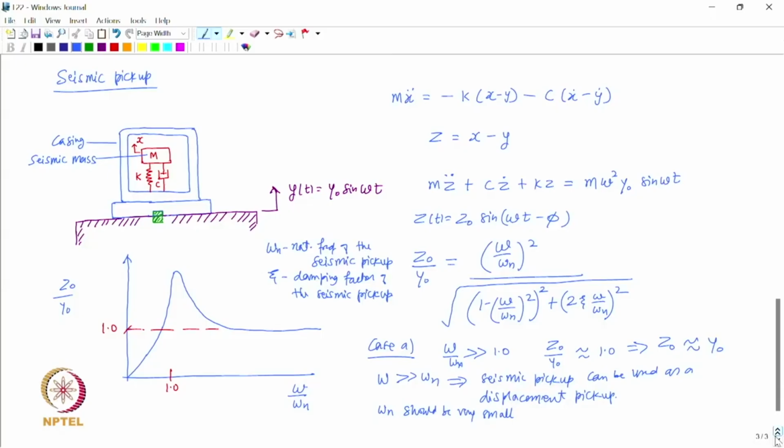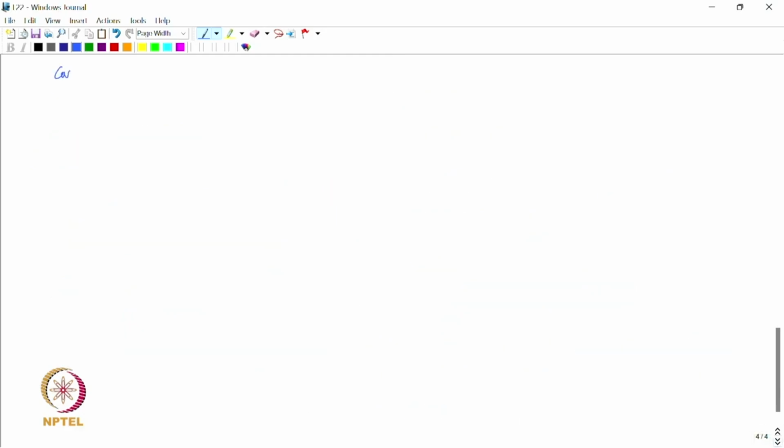Let us look at another case, case B, where omega upon omega n is much less than 1, which basically means that omega is much less than omega n. So, the equation can be simplified as omega upon omega n square, because the denominator tends to 1 when omega upon omega n is less than 1.